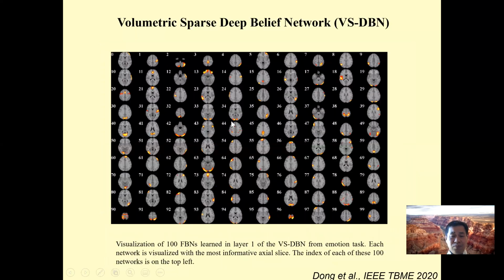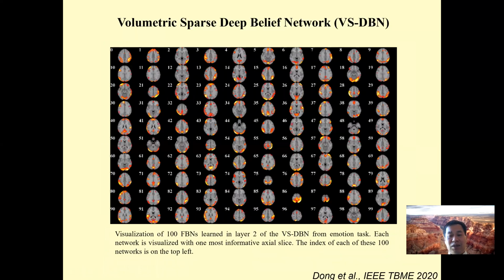And then if you look at the result, we can see the first layer in the VSDBN, they are pretty localized. So that means we can see 100 brain networks localized in brain regions. So that's what we're supposed to see in the DBNs and RBMs, deep belief networks and RBMs.